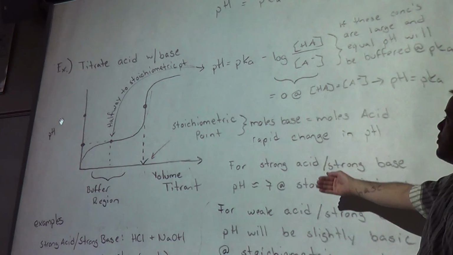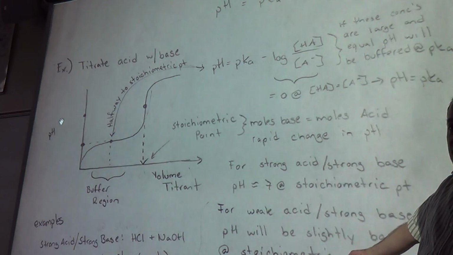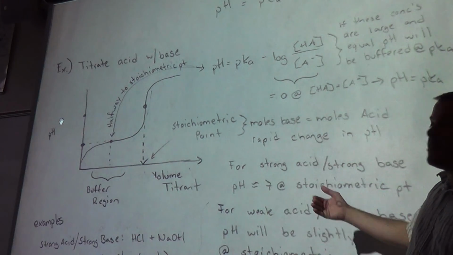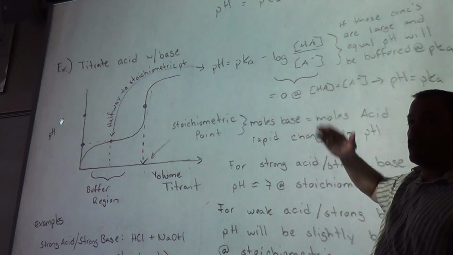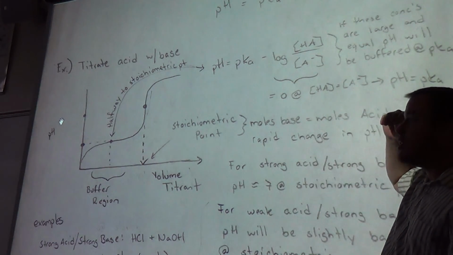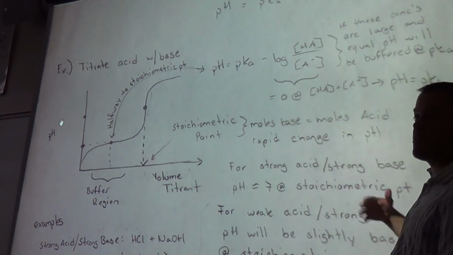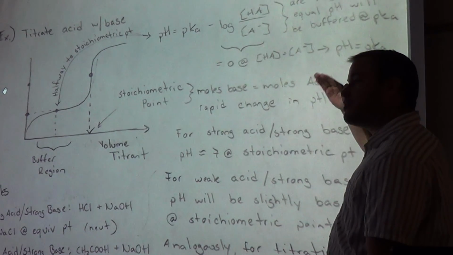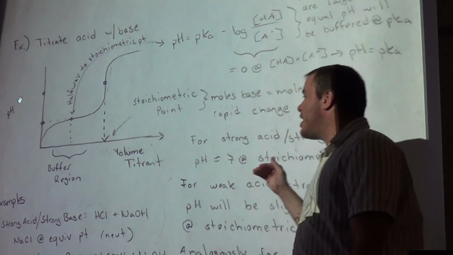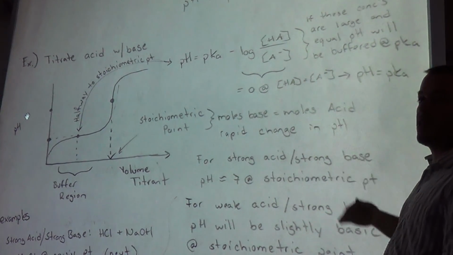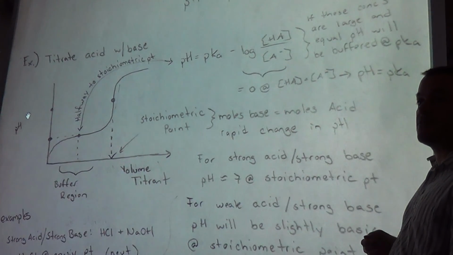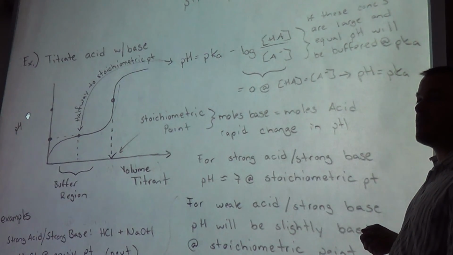But if you've got 10 moles of HA and 10 moles of A minus, and you add a half mole of base, this ratio doesn't change much at all, right? So the more HA and A minus you start off with in a system that you're trying to buffer, the smaller the changes in pH will be, or pOH, with a given amount of acid or base added to the system. Yeah? You guys remember that?